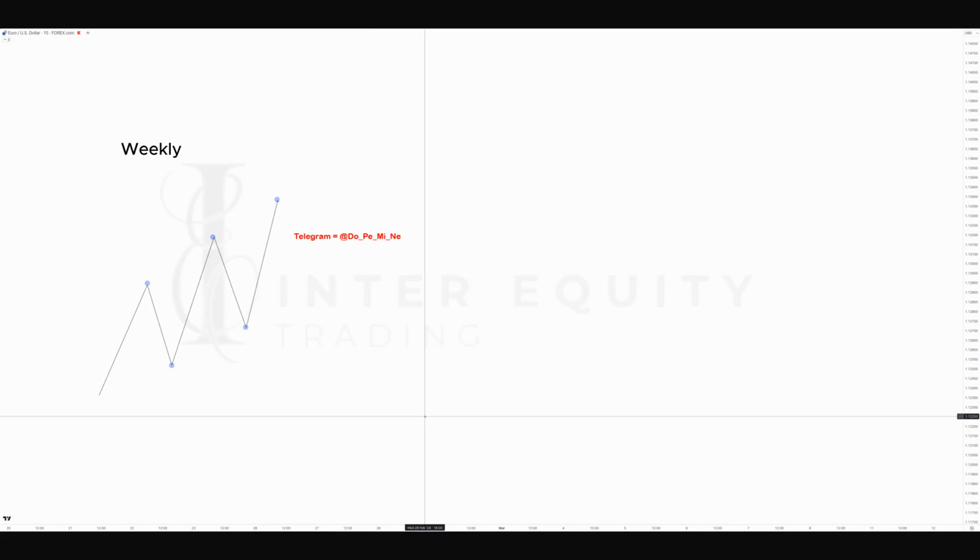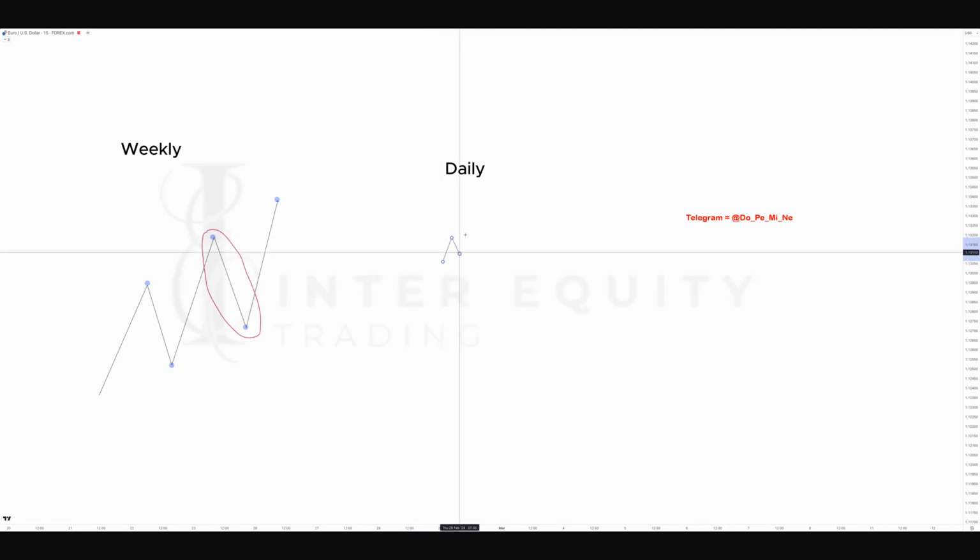Okay, so what we're going to do is take this segment right here and break it down on the daily time frame. So now on the daily time frame, I'm going to start from when the weekly makes the higher high. All right? So the weekly makes that higher high.